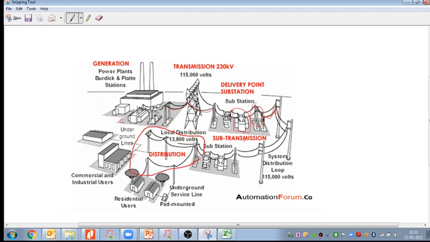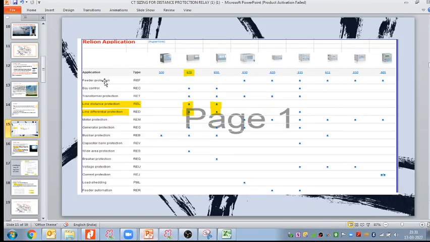For these feeder protections, what kind of relay we will take, we can see here. For feeder protection we can take the 630, 620, 615 models. Before these numbers we have to add the alphabets REF. So REF630, REF620, REF615, and REF611 we can take.